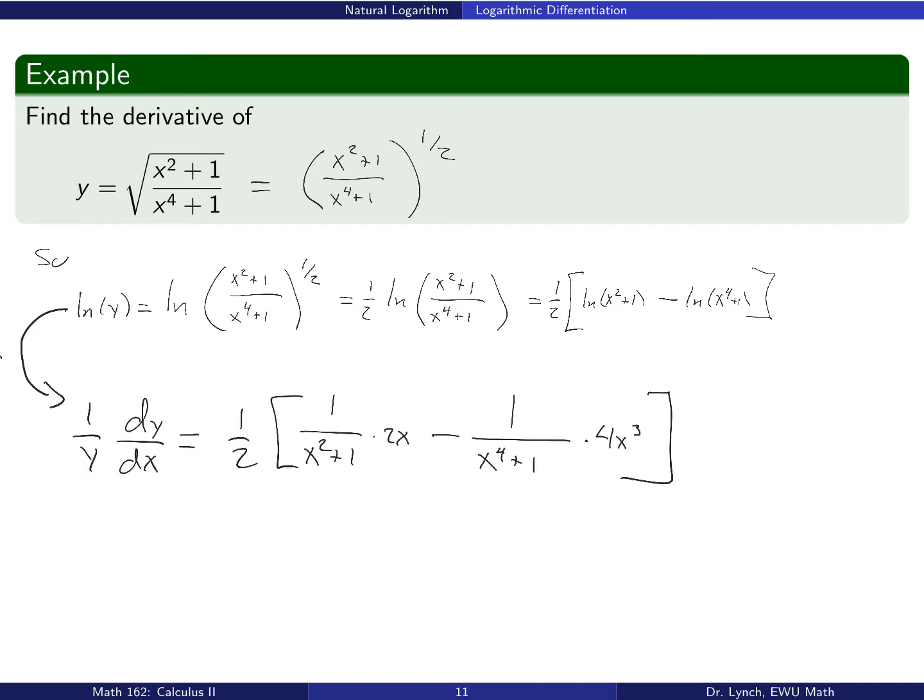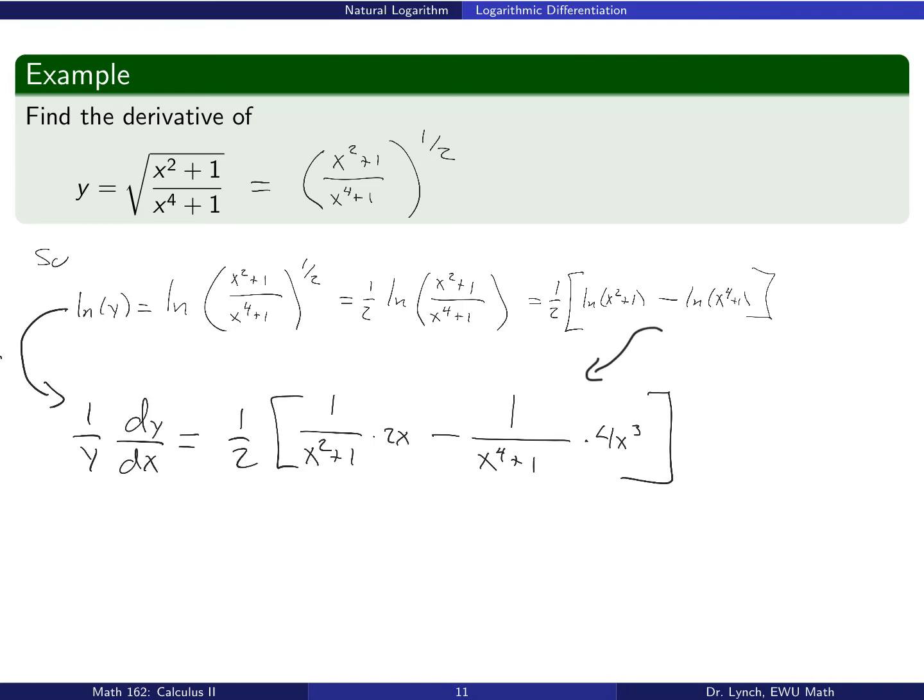Differentiating natural log of y with respect to x gives us 1 over y dy/dx. That's just implicit differentiation from Calc 1. And then we can take the derivative of the right-hand side quickly, because the natural log of x squared plus 1 and the natural log of x to the fourth plus 1 are quick to differentiate.